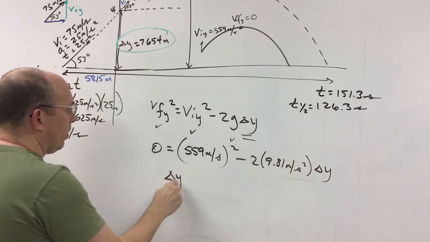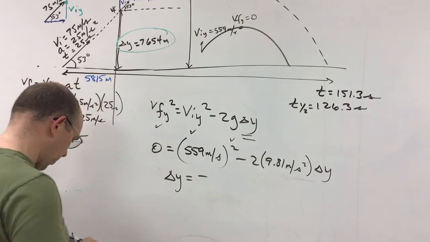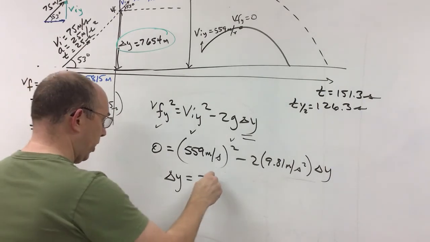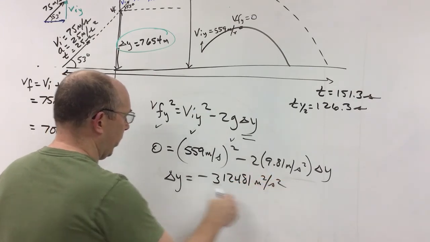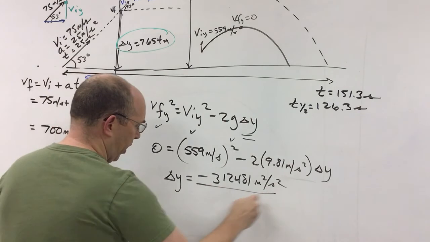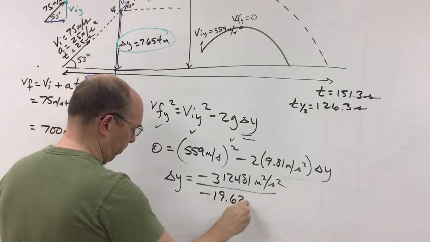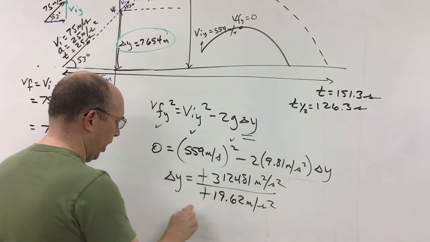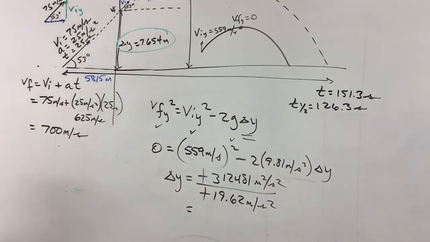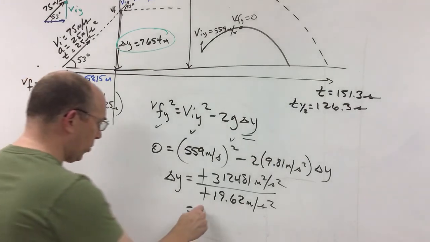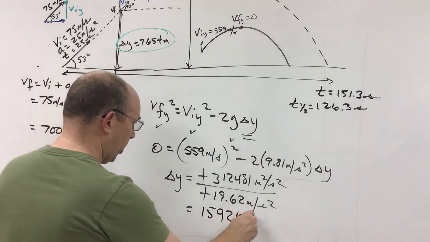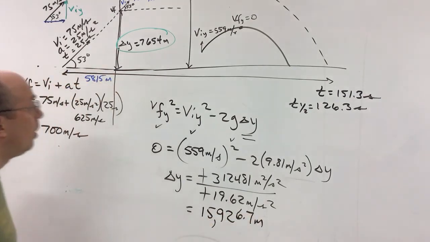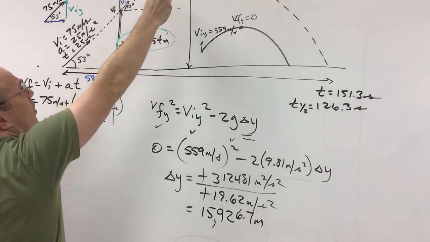Solving for delta y, I get negative 312,481 meters squared per second squared. That's this squared; we bring it over, it's negative. Divide by negative 19.62, and the two negatives go away, so we get a positive displacement, which is always good. I get 15,926.7 meters. So that's this portion from here up.